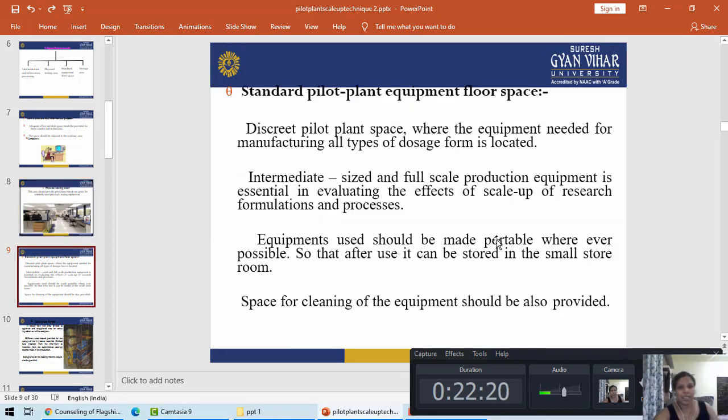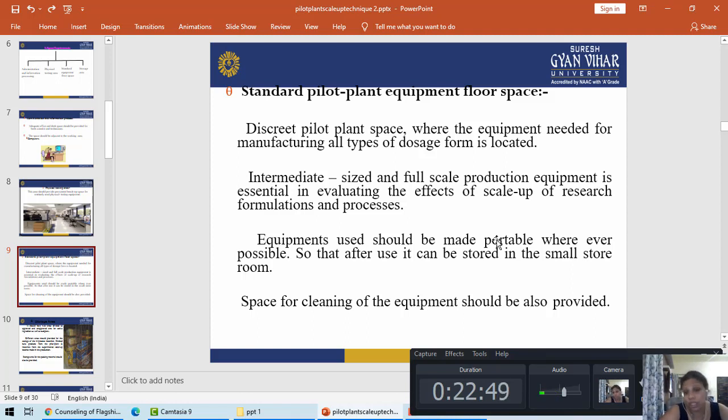Next is the standard pilot plant equipment floor space. We have discussed that floor space is also important. Discrete pilot plant spaces are where the equipment needed for manufacturing all types of dosage forms is located. Intermediate sized and full scale production equipment is essential in evaluating the effects of scale up of research formulation and process.